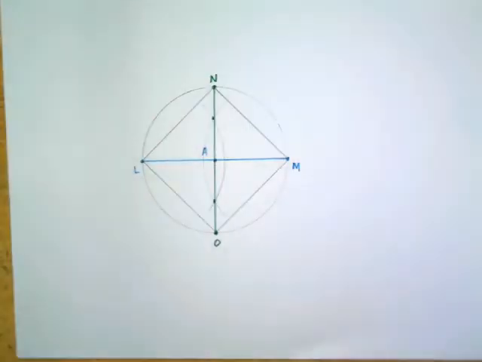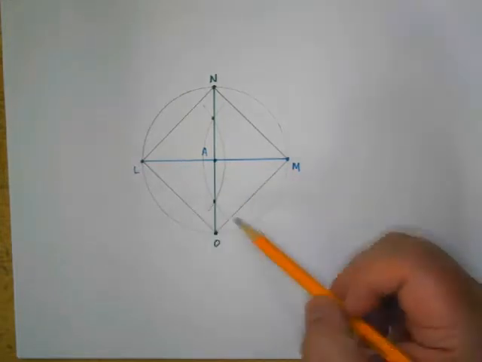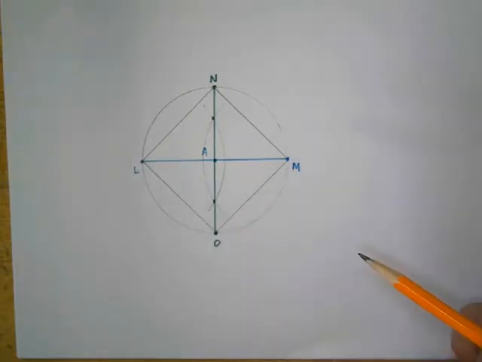So we have a square, and the problem was to construct a rectangle. Well, a square's a rectangle, but the sides are in a 1:1 ratio, and they need to be in a 2:1 ratio.